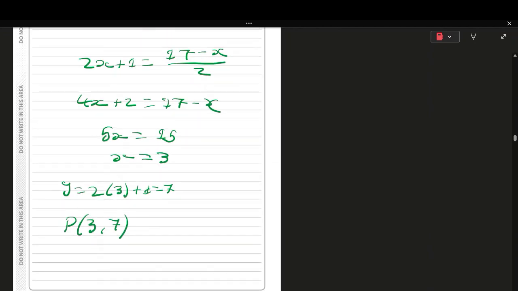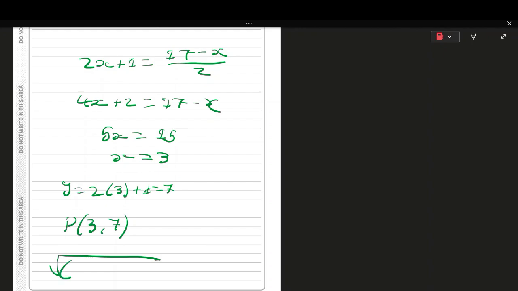And so that's not the center, that's the P value. To find the radius, we need to do the difference of the x values, all square rooted.